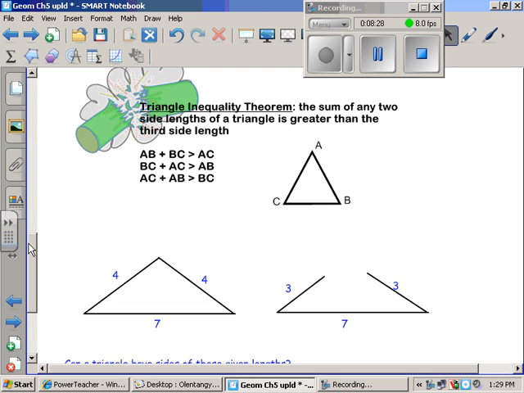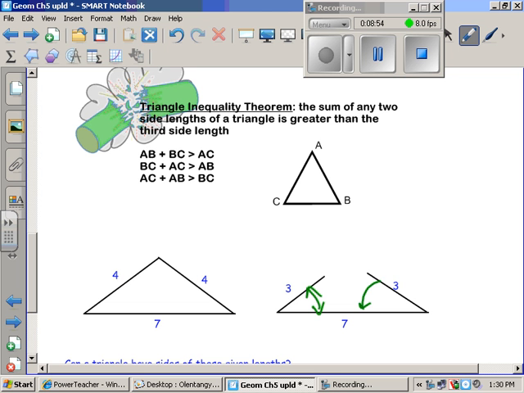If you think about these sides being on a hinge, able to swing up and down, if this is 3 and this is 3, but this across is 7, these two sides could fall in and never touch, never meet in the middle. So they would not make a triangle.